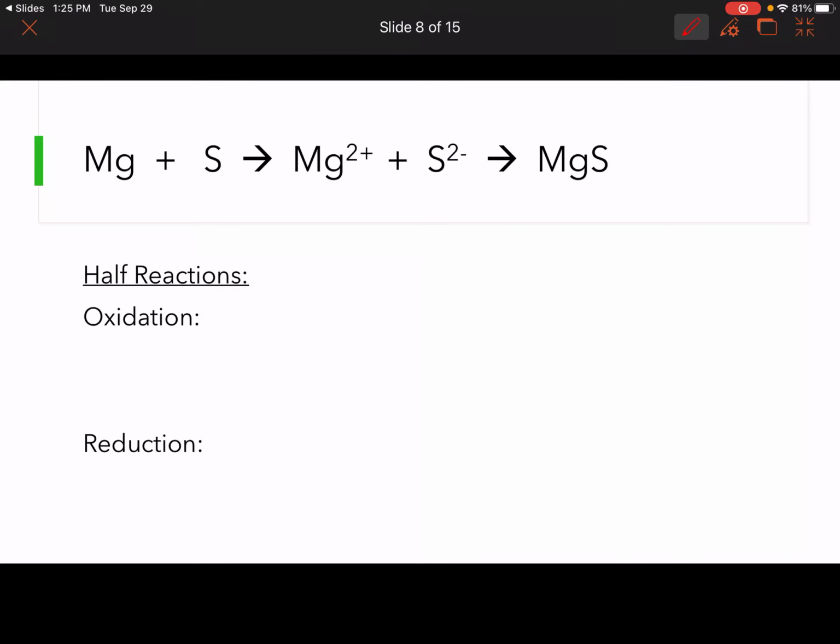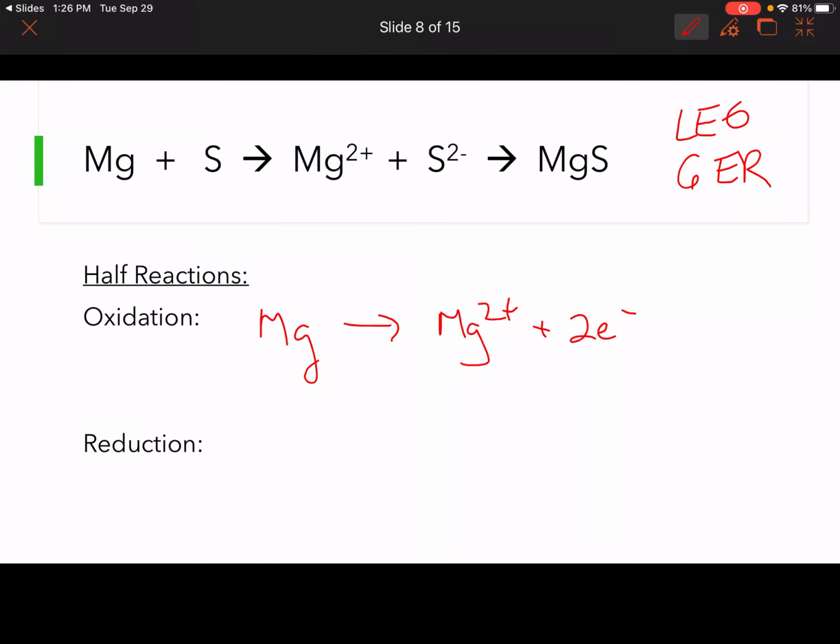So a half reaction for the oxidation. So we talked about oxidation is LEO. So again, we've got LEO and we've got GER, right? So losing electrons is the oxidation. So the magnesium had a loss of 2 electrons. So the half reaction would be magnesium going to Mg2+ plus 2 electrons, because we're showing the reaction we need to balance for charge there.